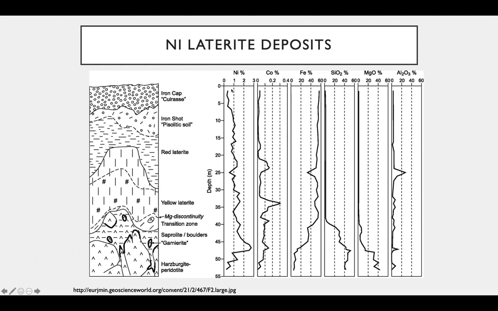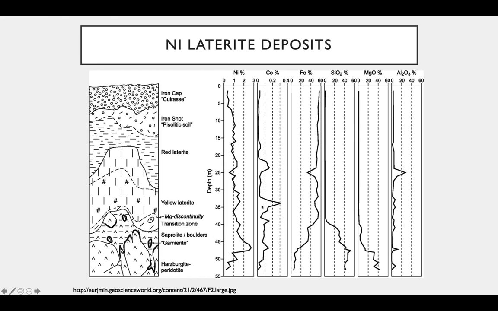Here's just an example showing the variability in the concentrations. So we have our harzburgite, peridotite down here. We have our upper pisolitic portion of the laterite profile. Here, the nickel concentration is increased right here in the saprolite area, where we get these hydrated nickel-bearing minerals.